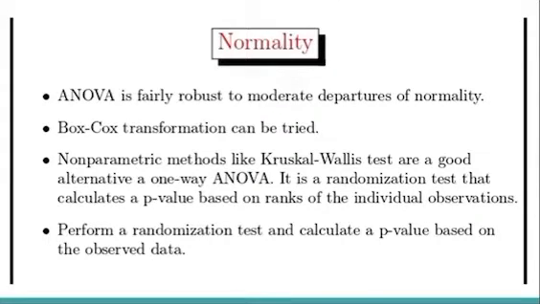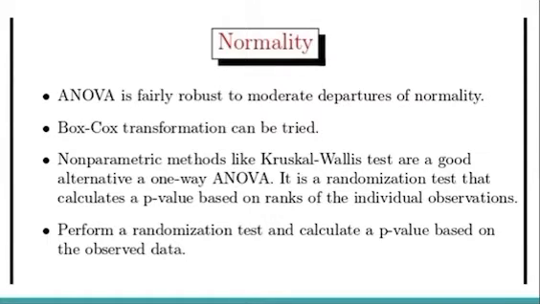Or if you don't want to do Kruskal-Wallis, you can perform a randomization test. You remember when we were dealing with one population, we considered a randomization test. We can also use a randomization test when we are focusing on more than two populations. We're always going to have a way out.